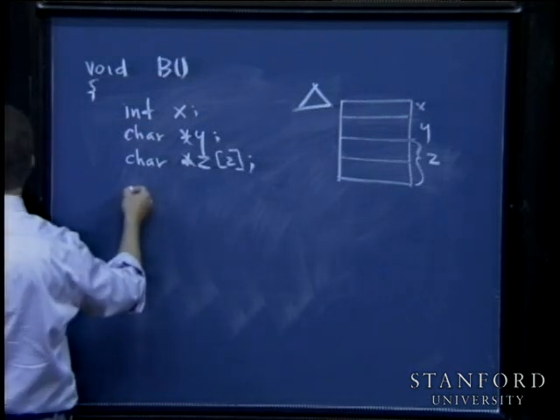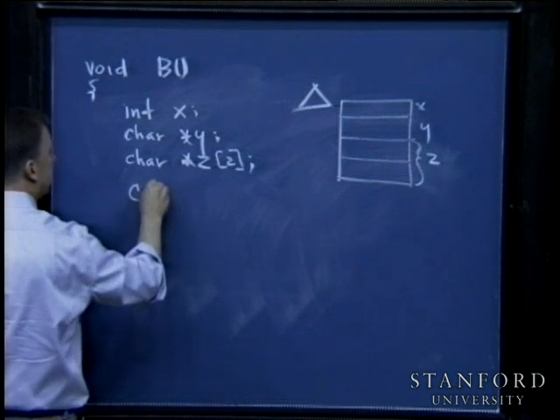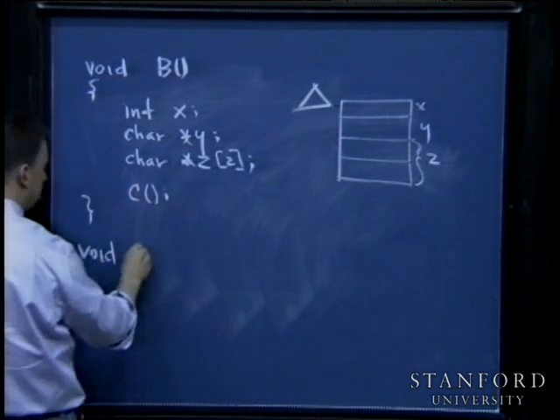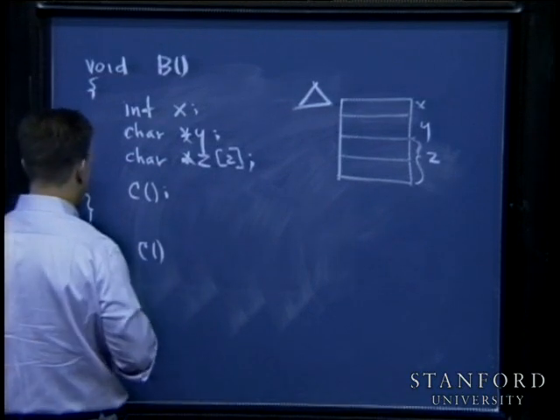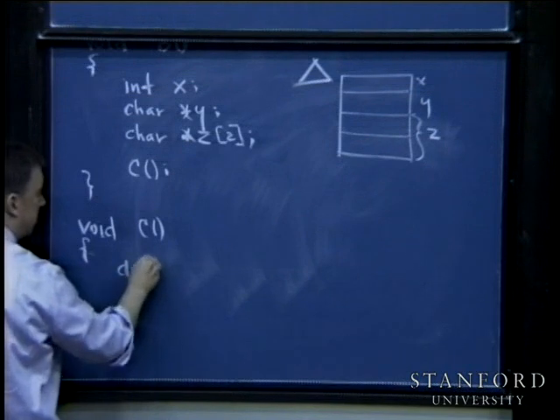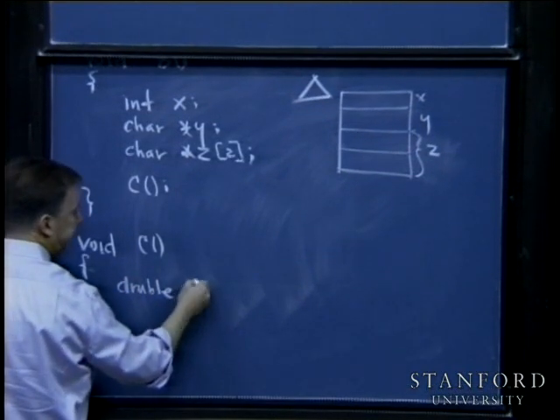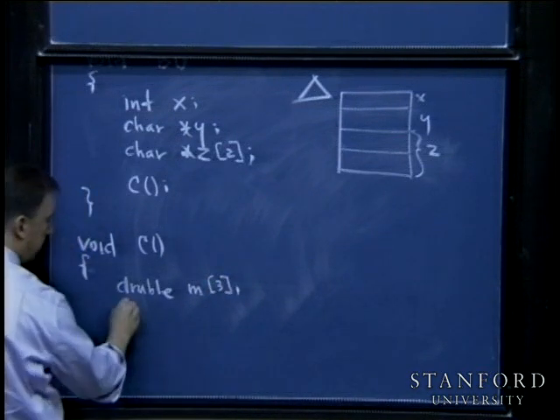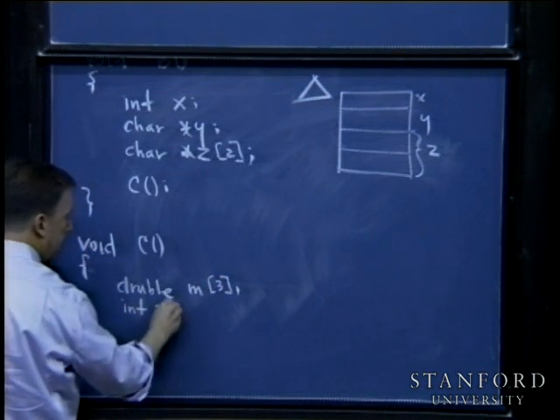And let's say that b actually calls c as well, and c has a very simple local variable set. I'll say a double m of length 3, and I'll just do a standalone int called n.